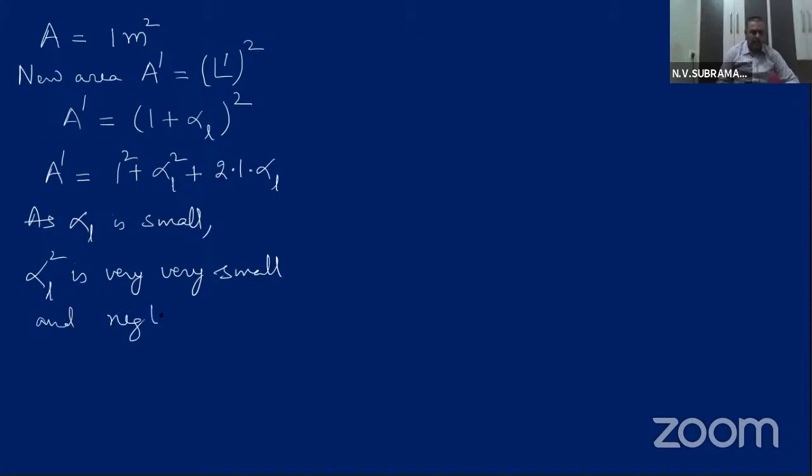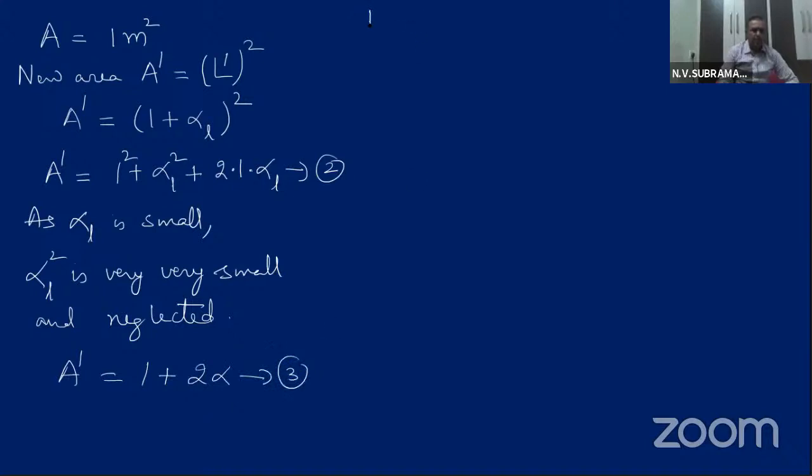So neglected means, this formula, let us call it equation number 2. Equation 2 will become A dash is equal to, this 1 square is 1 only, so write 1, plus 2 into 1 into alpha, which becomes 2 alpha. Let us call this equation number 3.